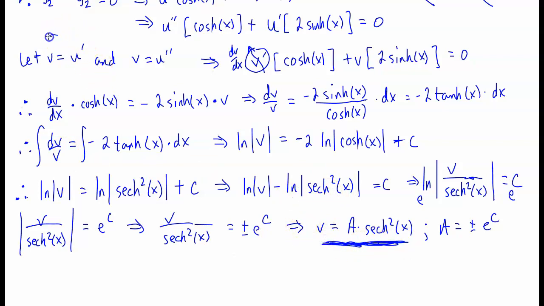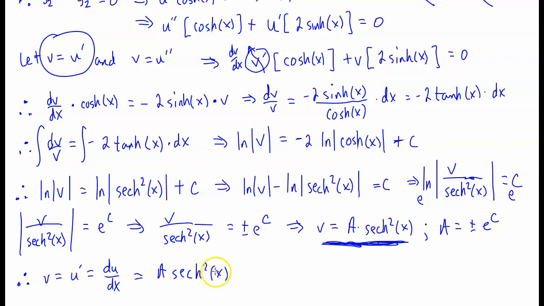But if you remember, v was the same as u prime. So therefore, v was the same as u prime, which we know is going to be du over dx, because remember, u is a function of x. And that's just going to equal what we have here, okay? And so essentially, all we need to do is to take the antiderivative of sech squared, okay?